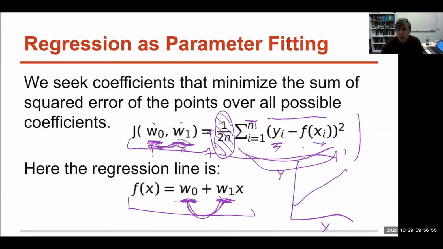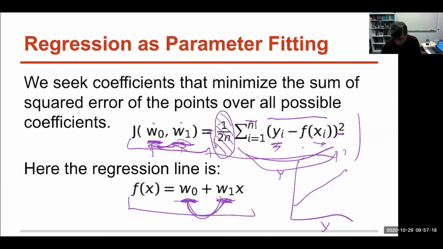That said, why do we have a 1 over 2n term? It's for algebraic convenience a little later on. We're going to be taking derivatives of this thing. When you take the derivative, the 2 from the square is going to come down and cancel it.